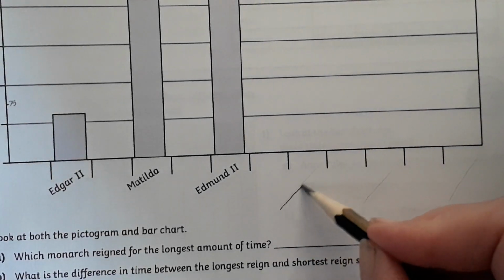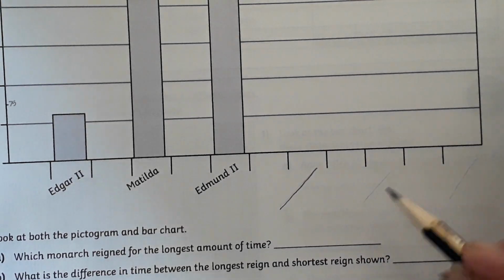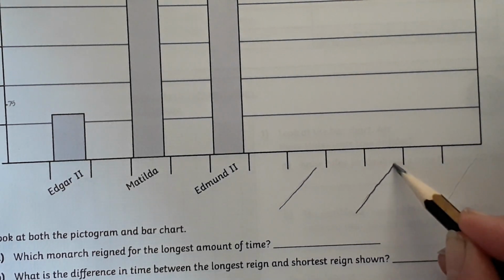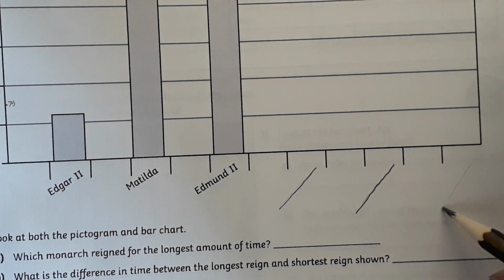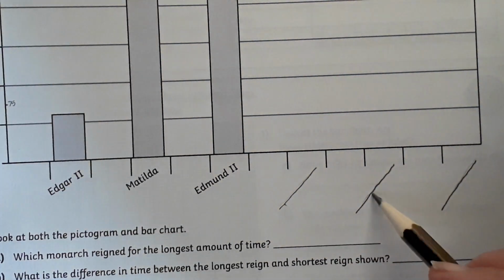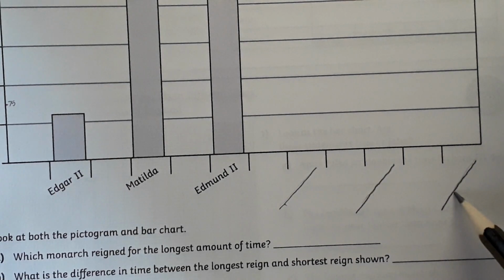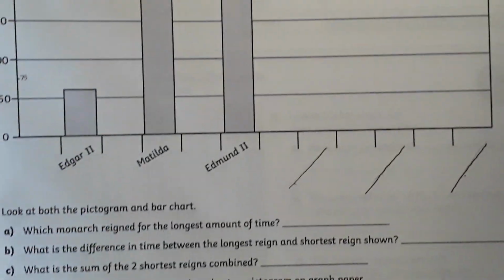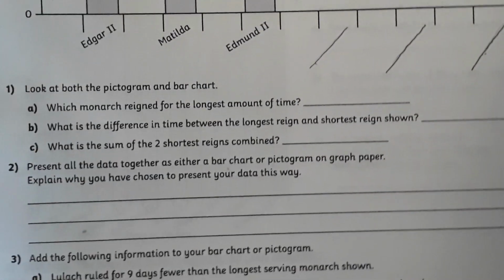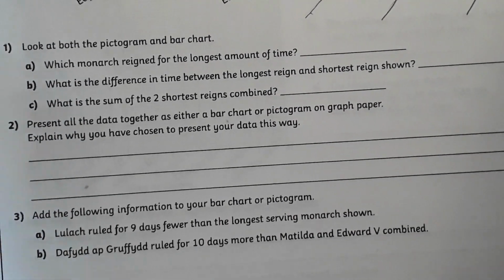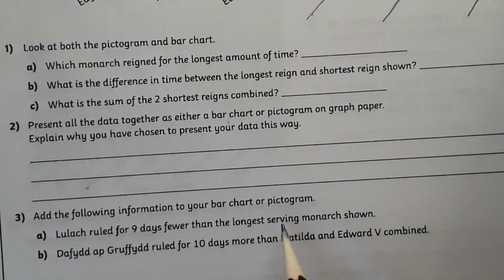So I'm just going to put a line there where we would have the other monarchs' reigns, okay, so the names would be here, here and here. And then when you get to question 3, it says add the following information to your bar chart or pictogram, and there are 2 more monarchs to add.